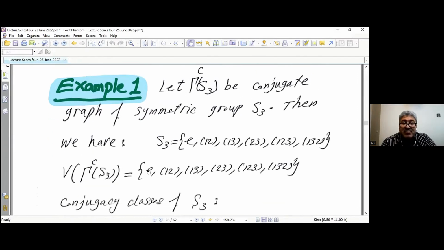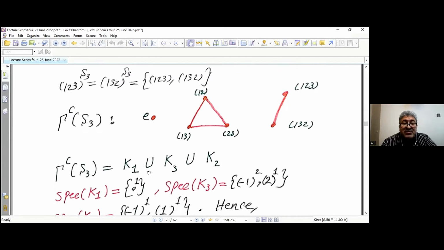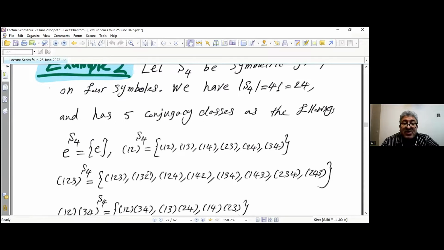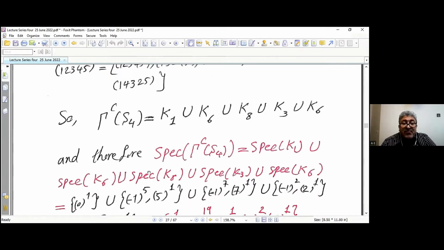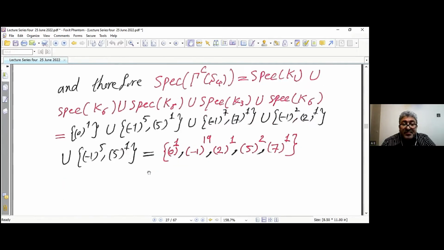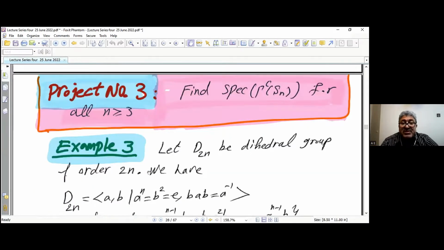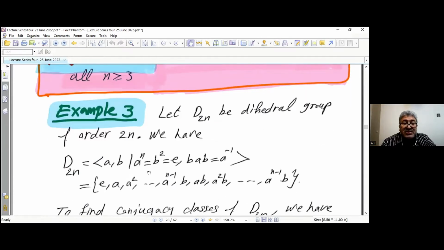This is an example about the conjugate graph of the symmetric group S3, and similarly for the symmetric group S4. So this was project number 3, for the spectrum of the conjugate graph in the symmetric group Sn for any n bigger than or equal to 3.